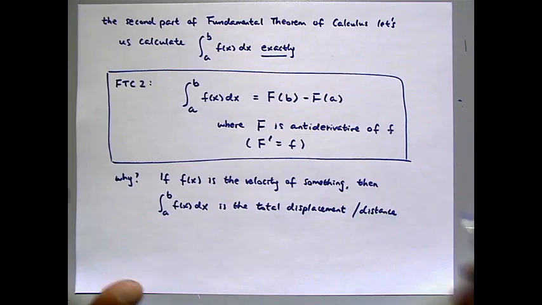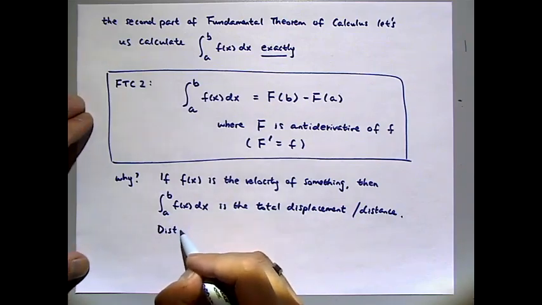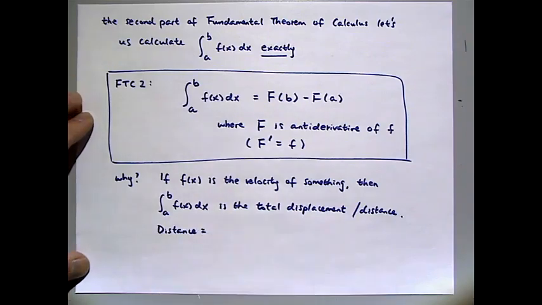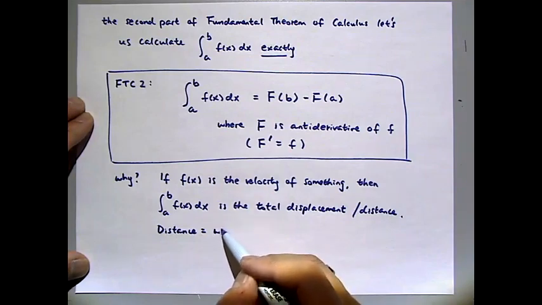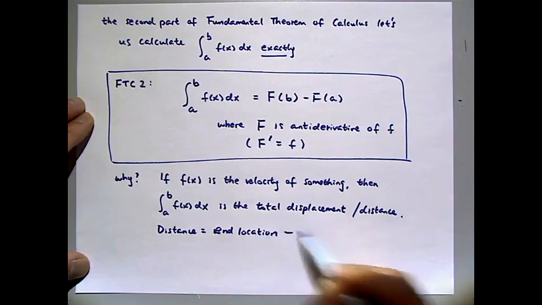Let's suppose it's the distance. If you want to find out how much distance you have traveled, then all you need to know is where you started and where you ended. Distance is the difference between the end location and the start location.